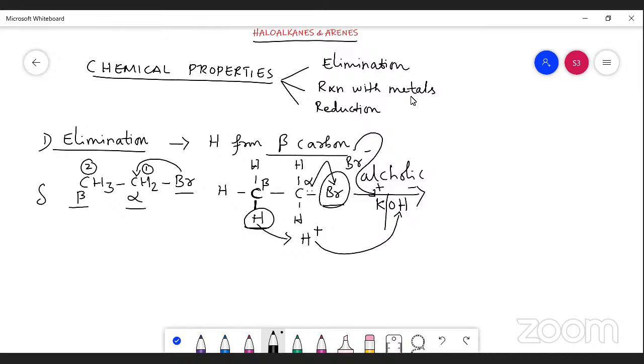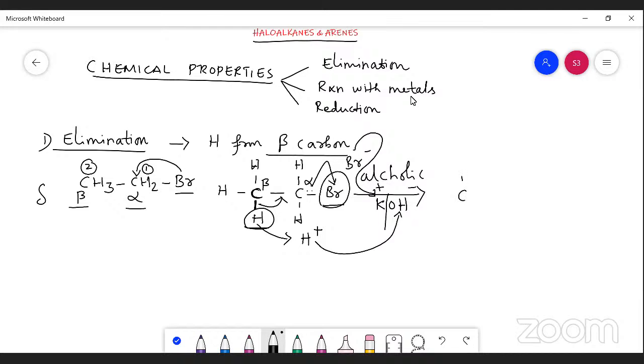Now the free bond shifts toward the carbon-carbon single bond. Already one single bond is present, and I have added one more, so this takes on double bond character. So I can write the structure like this.